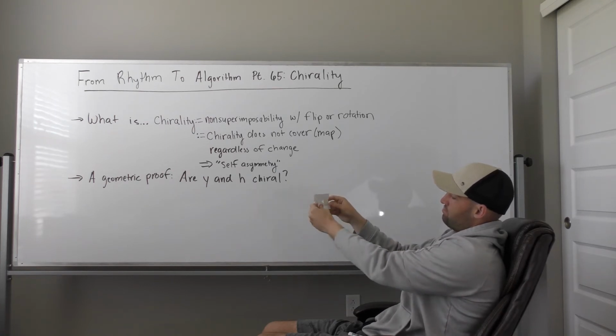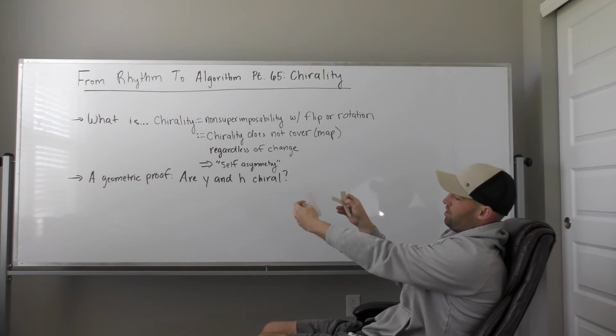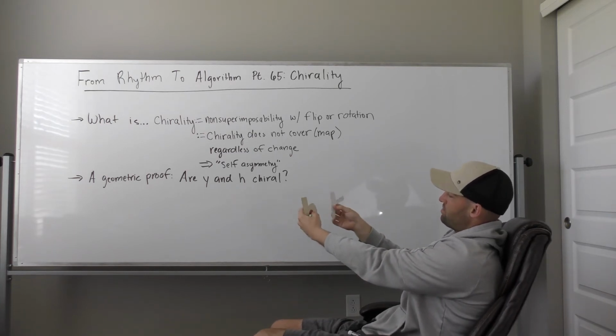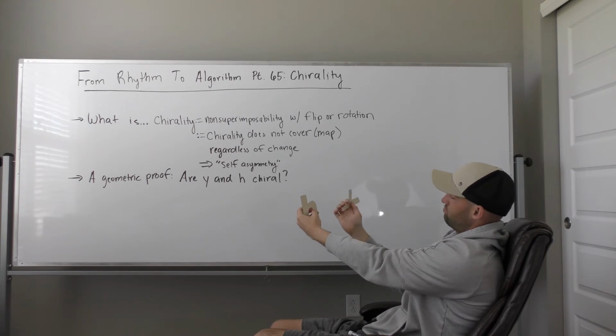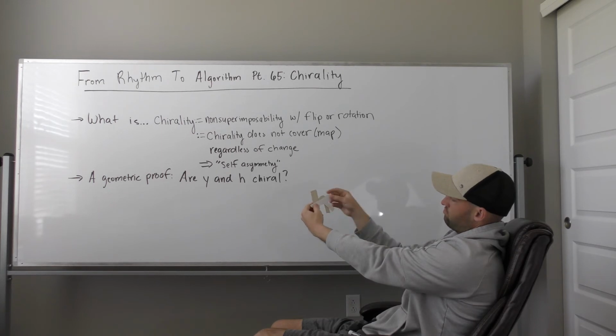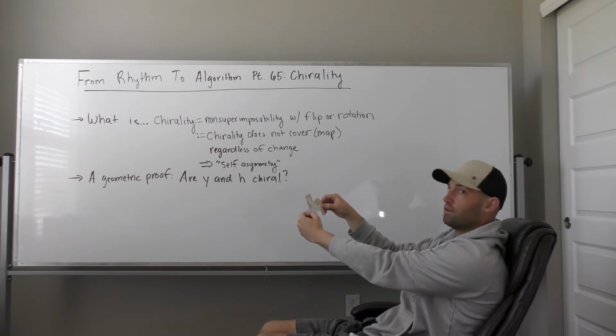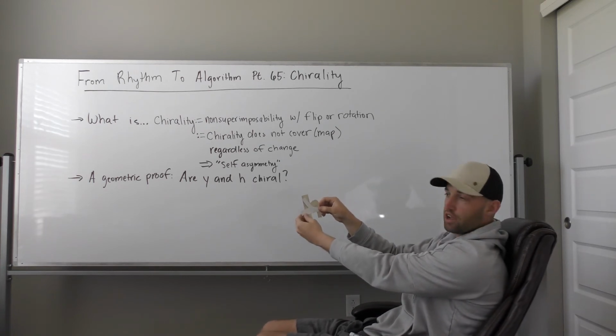Then I can do the same thing, keep the H the same, flip the Y, definitely not. This looks like lambda from Greek. 270, definitely not. Three-quarters pi, no. I'm messing up my unit circle, sorry guys.